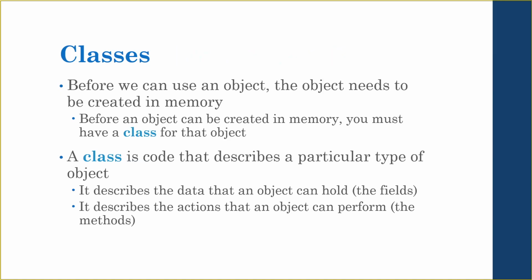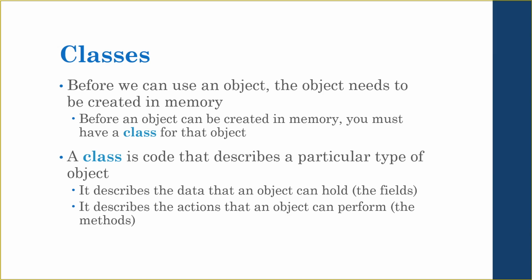In order to really understand how we use objects, though, we need to understand what a class is. Before we can use an object, like we've discussed, we need to create it in memory. Well, before we can create an object in memory, we need to have a class for that object.